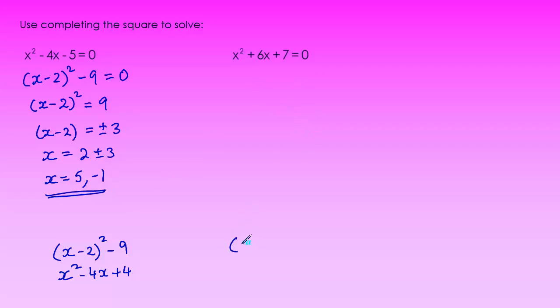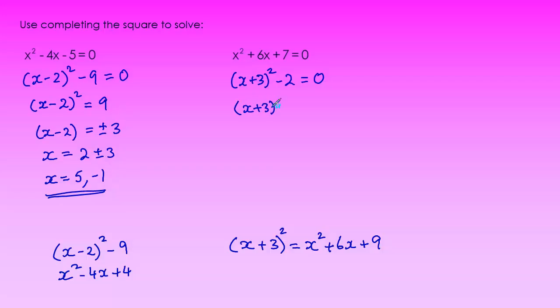So let's think about completing the square. x plus 3, remember 3 is the half of the 6, squared. If we expand that, that gives us x squared plus 6x plus 9. We've met that one before. We only want plus 7, so we're going to have to take off 2. So we're going to have x plus 3 all squared minus 2 equals 0. So x plus 3 all squared would be equal to 2.